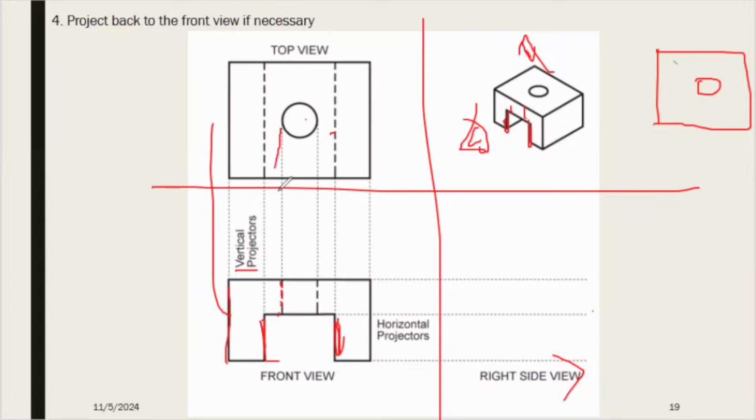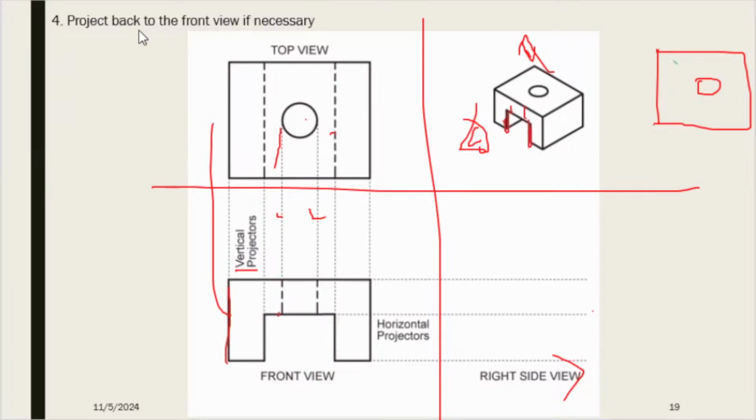So for that you have to use the dotted lines again. Okay, so these are the vertical projectors from top view to front view. And then since we can't see this hole directly, we draw them as a dotted line එකක් විදිහට අපි අඳිනවා.